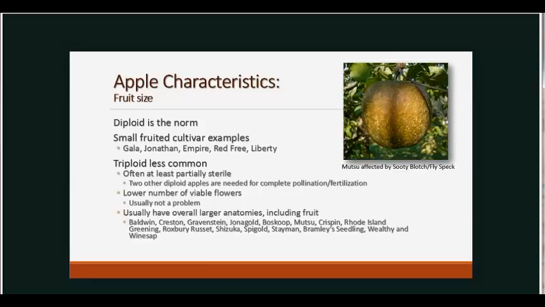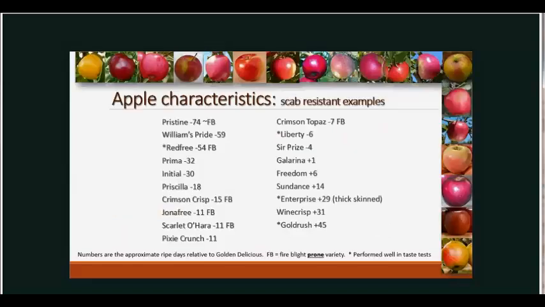There are a number of scab-resistant varieties. If you follow these in order, it kind of matches the picture. The number one that I have here is Pristine, and you can match it up to the bright yellow apple. Most of the scab-resistant apples are either red or yellow with a strong blush on them.